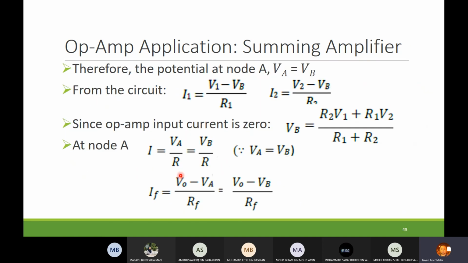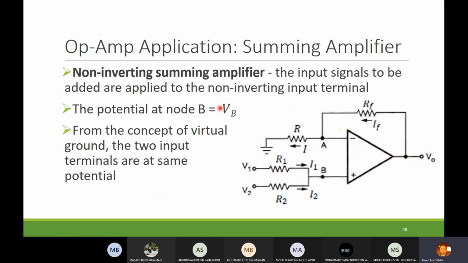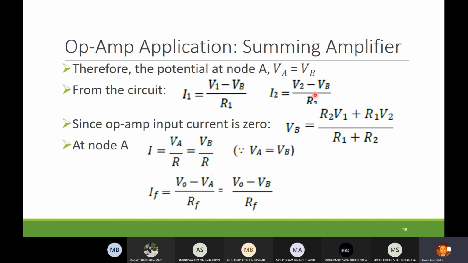Okay, node B sama dengan VB. So sini sama dengan VB. So VA pun akan jadi sama dengan VB. So from the circuit, I1 equivalent to V1 minus VB over R1, I2 sama dengan V2 tolak VB over R2. So ada different potential dekat situ lah. Okay, since the op-amp input current is 0, so VB equivalent to R2 V1 plus R1 V2 over R1 plus R2.